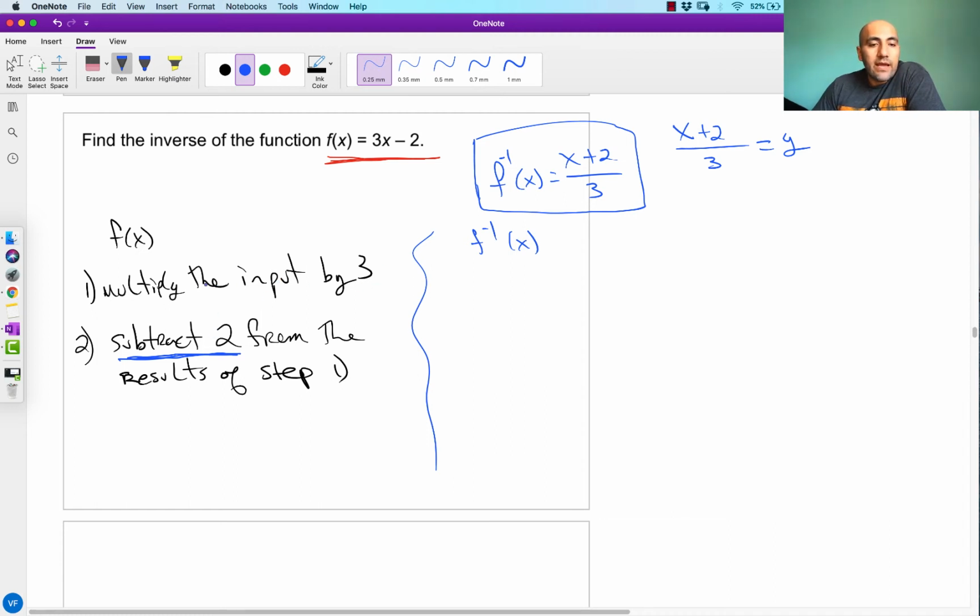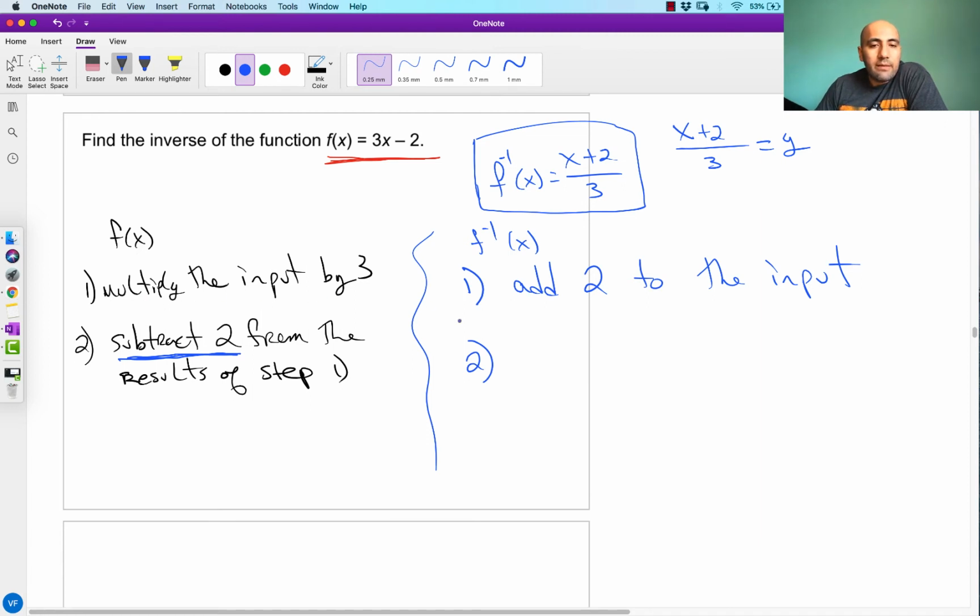And not only do we have to undo each one of these steps, we have to undo them in reverse order, right? It's like a knot that you have to undo. You go from the outer and work your way in. So for the inverse function, the first thing we want to do is undo this one. And so the opposite of subtract 2 will be to add 2. Add 2 to the input. And then step 2, the opposite of multiply the input by 3.